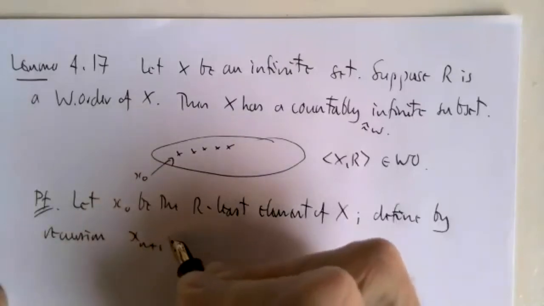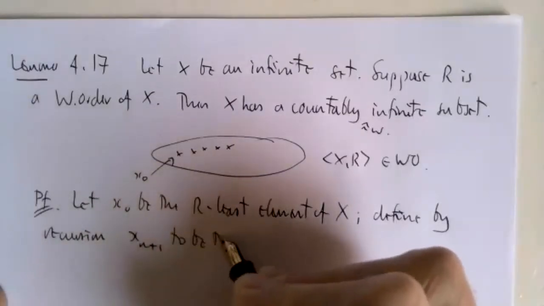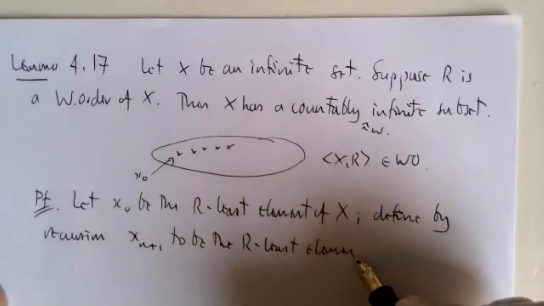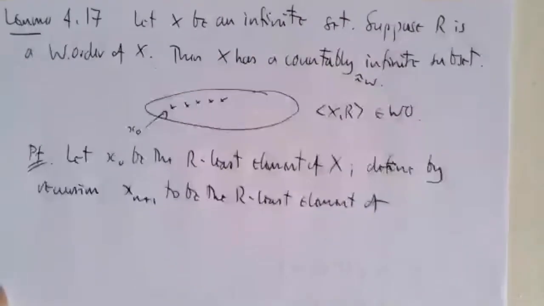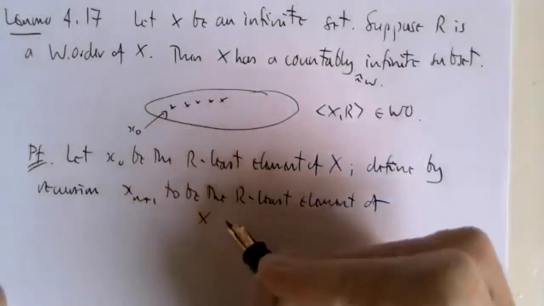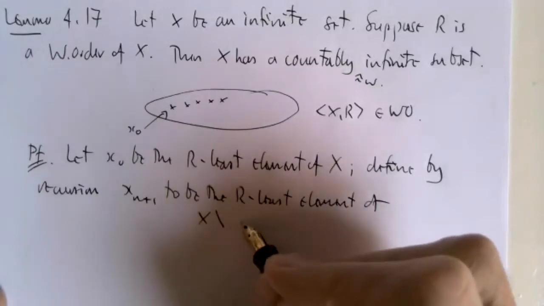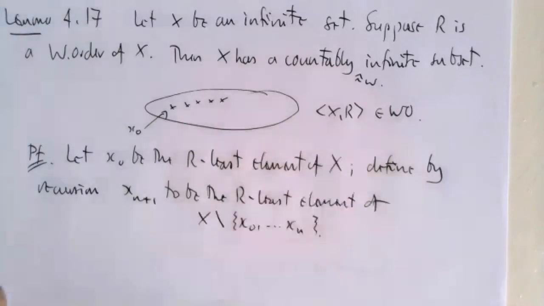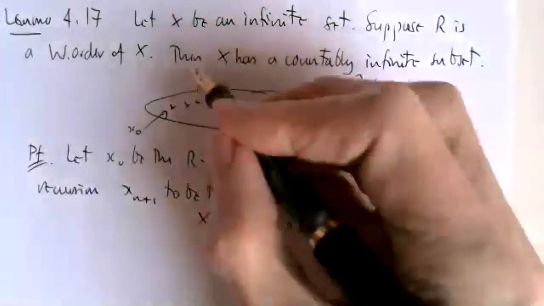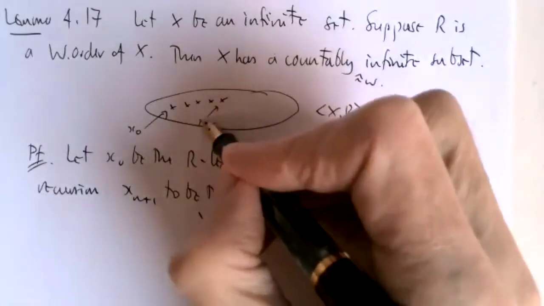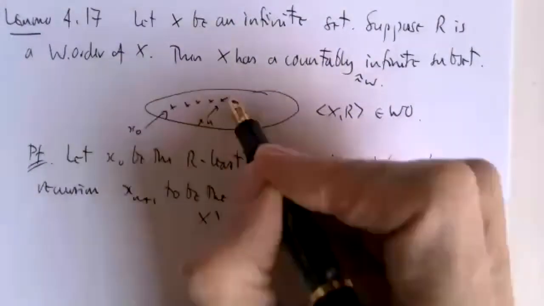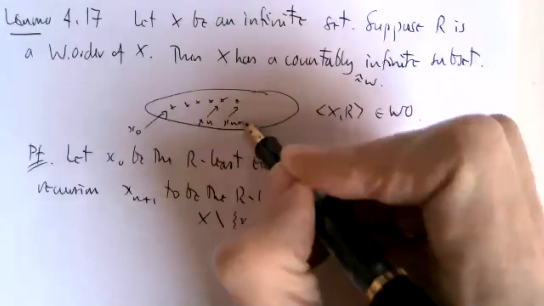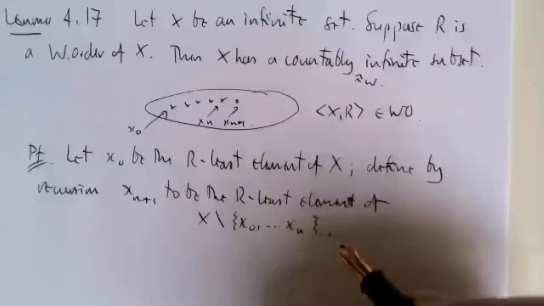And we define by recursion, we just keep going. X n plus 1 to be the R least element of X when you've removed the first n plus 1 things we've chosen. Right, so if this here was Xn, we've chosen these, so we just choose the next thing in the ordering R. So it's simple.